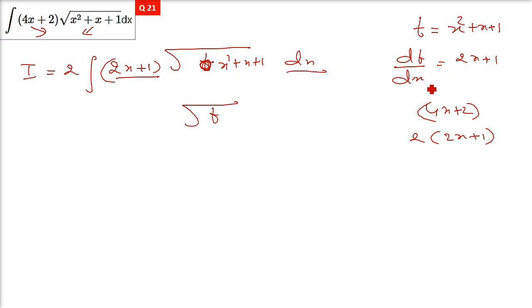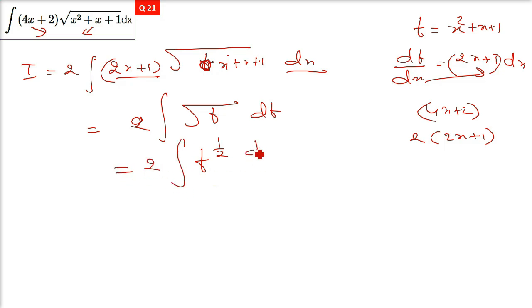So let's do it in the second step. 2x plus 1 into dx can directly be written as dt, and under root x square plus x plus 1, because we have taken this as t, 2 is outside, 2 under root t dt. The integration of under root t is t to the power half. So you are integrating t raised half. This is dt here. It will be half plus 1, 3 by 2. 2 by 3, this goes up, it will form 4 by 3.